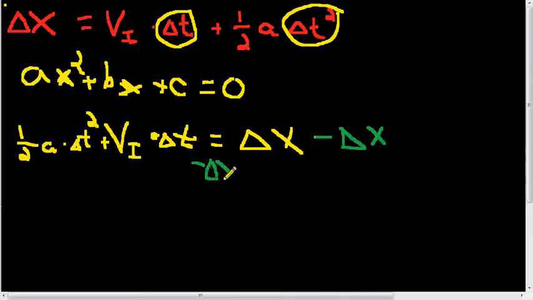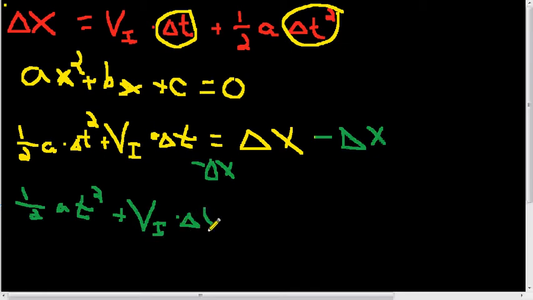Whatever we do to one side, we have to do to the other. So what we're left with is 1/2 a t squared plus vi delta t, excuse me for not putting a delta over here, minus delta x equals 0.